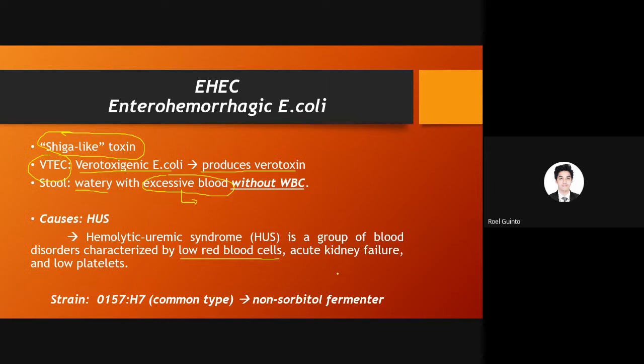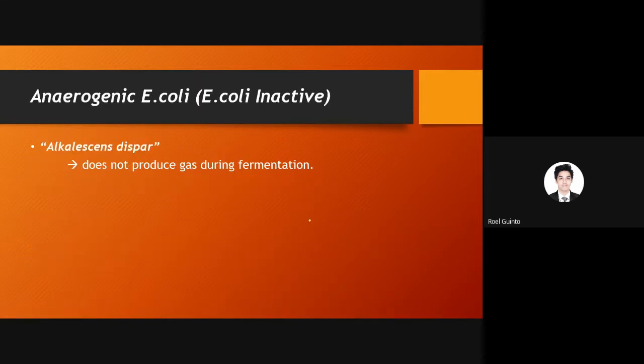So, we have the strain under EHEC. We have the O157:H7, which is the common type. So, this strain of E. coli is non-sorbitol fermenter. So, tatandaan natin, this strain of E. coli is non-sorbitol fermenter. Next, we have the anaerogenic E. coli or the E. coli inactive.